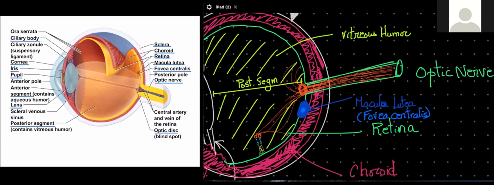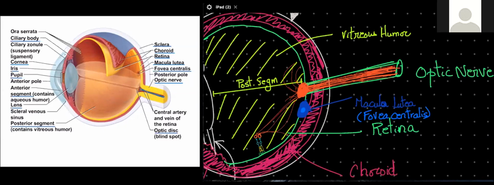Anybody still here? Exactly, primary visual cortex. This is the one that will be detecting that you can see. And if a person got a stroke affecting the primary visual cortex, I will have vision loss, will have blindness.